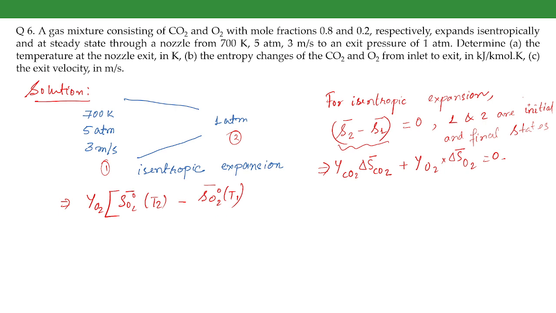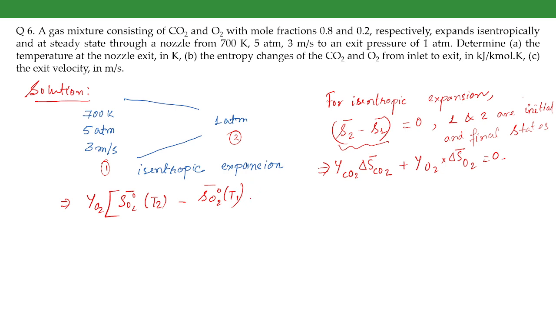As the temperature changes from 0 Kelvin to a particular temperature, what will be the entropy of that ideal gas with respect to its value at 0 Kelvin, which is again 0. This is the value S° bar of oxygen, because we are considering the entire analysis on a molar basis. This value can be determined from any ideal gas property chart for oxygen, and similarly for carbon dioxide.